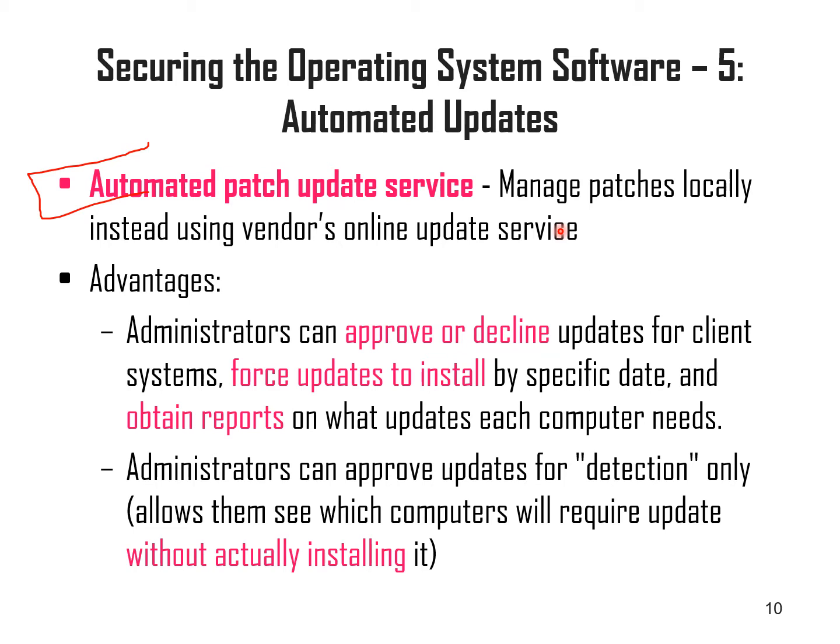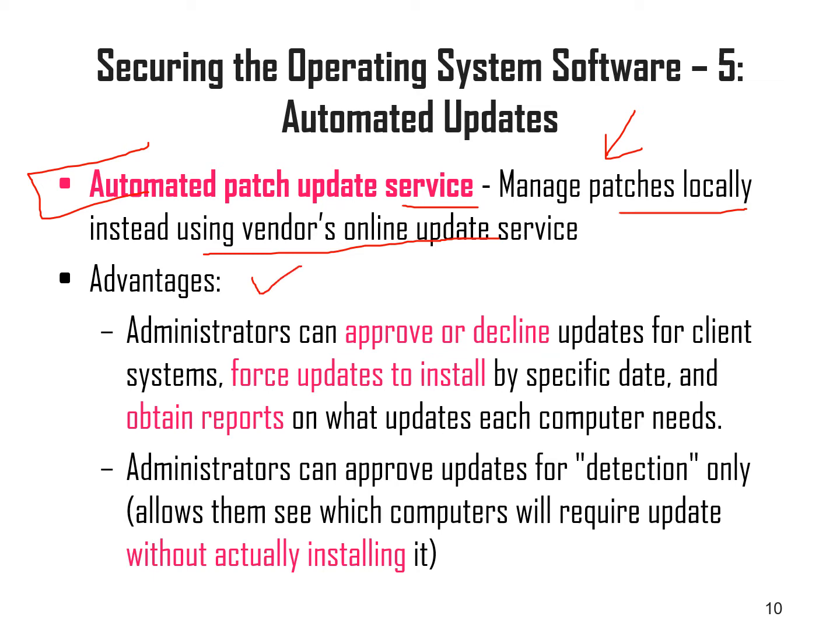Conventionally, your host system needs an update. It will communicate with the vendor's online update service, which is the server on the vendor side. But here, the automated patch update service has its patch server present locally, in the intranet. Within this server we can manage the patches locally instead of using the vendor's online update service.